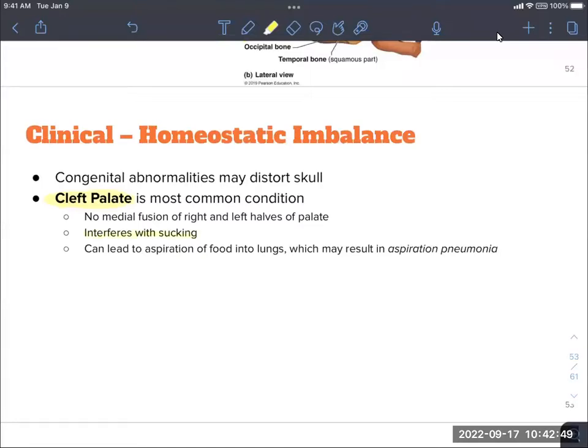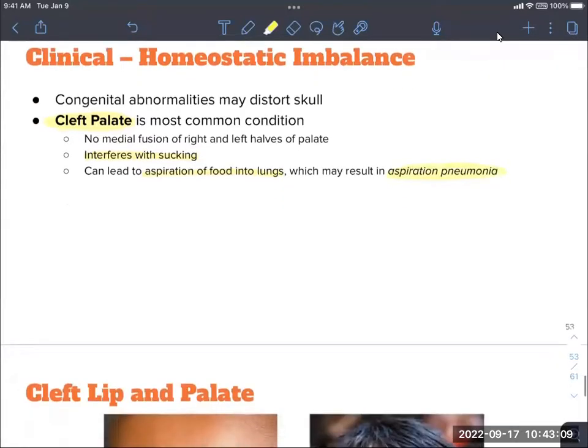Babies can't suckle when they have a cleft palate. It can cause aspiration of food, which is inhaling food into your lungs instead of down your digestive tract. And if you aspirate food, it can result in aspiration pneumonia.